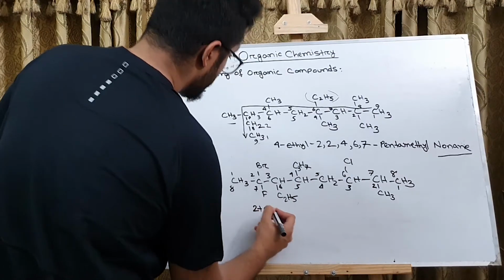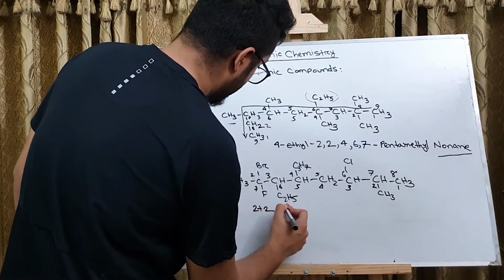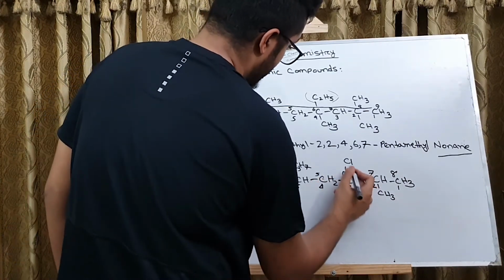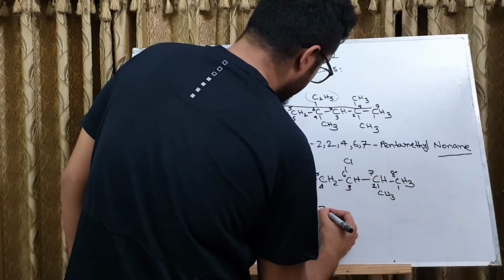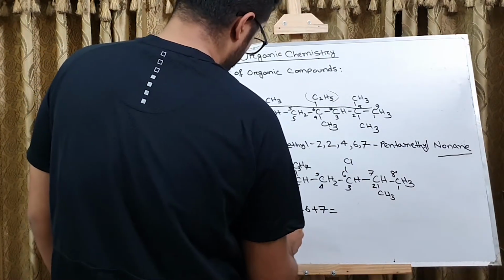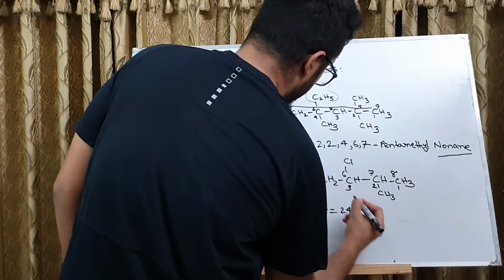So 2 plus 2, and 1 at 4th carbon, and 1 at 3rd carbon. So 3 plus 4. Then I have 1 at 6th carbon and another at 7th carbon. So the summation would be 2, 2, 4, 7, 11, 17, and 7, 24.